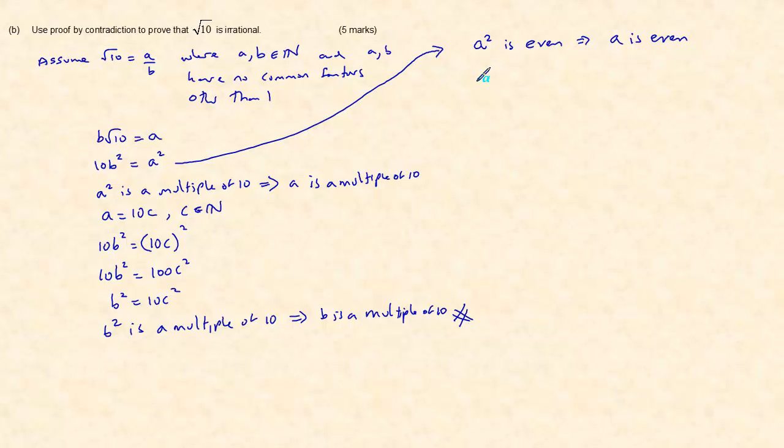And then you can say, well, b cannot be even because a and b would then have a common factor of 2.